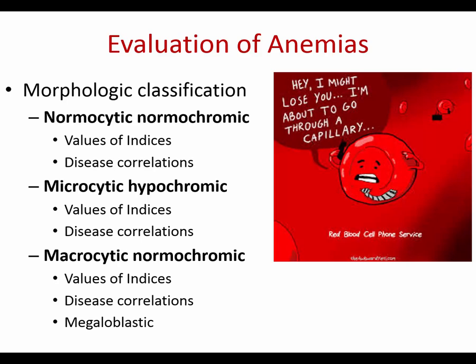MCHC is what? Hemoglobin divided by hematocrit times 100. If the red blood cells have ruptured inside your blood vessels, they have lysed, they have hemolyzed. When you are measuring the hemoglobin in the blood, remember this, you are measuring the hemoglobin inside of the red blood cells and the free hemoglobin.